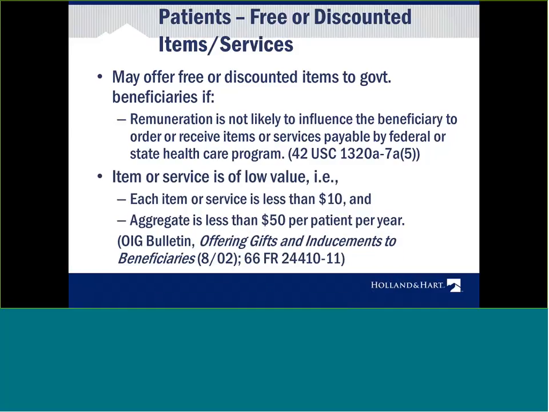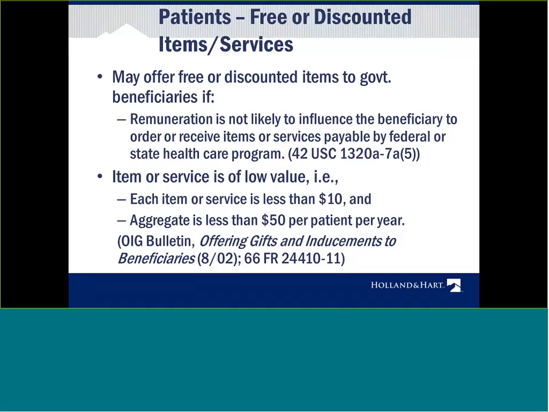Another indication of where free or discounted services may work is if the item or service is of low value. So if each item is less than $10 and the aggregate is less than $50 per patient per year.